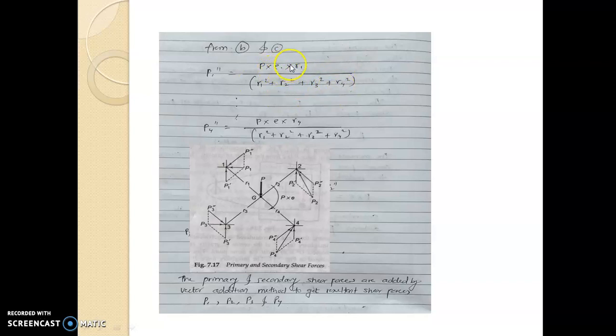So P into E, this whole term is constant, into R1. R1 is a variable for various forces. Likewise for P4 double dash, P into E into R4. Only R4 is changed. The other term is constant C. Likewise we got the value of P1 dash, P1 double dash.